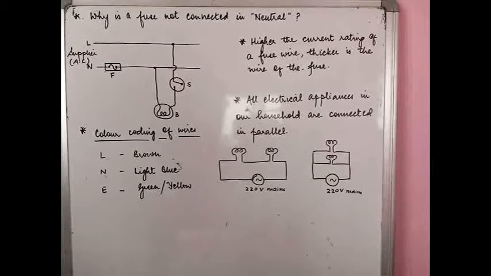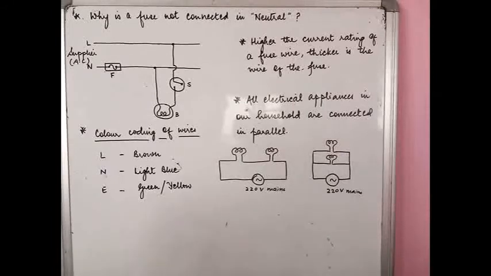Now, suppose that there is a fault in the circuit. We will first try to understand the general working, the motive of having a fuse. A fuse will protect the electrical appliance from getting burnt. Yesterday I told you that a fuse will sacrifice itself and save the appliance from getting burnt.